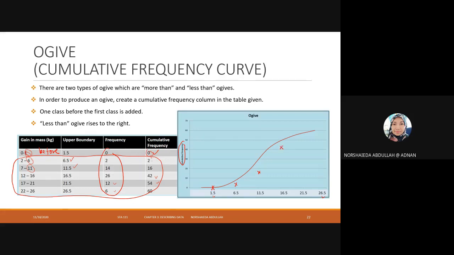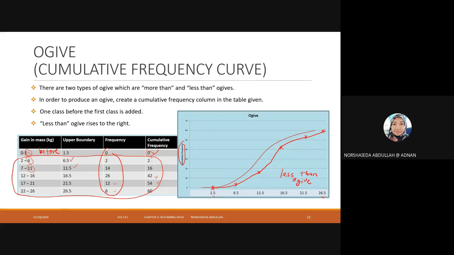Okay, then 21.5, cumulative frequency is 54. And 26.5, 60. Okay, and then we just connect the points. You nak guna ruler pun boleh, guna freehand pun boleh. Okay, so the shape dia lebih kurang macam tu lah, shape dia increasing.